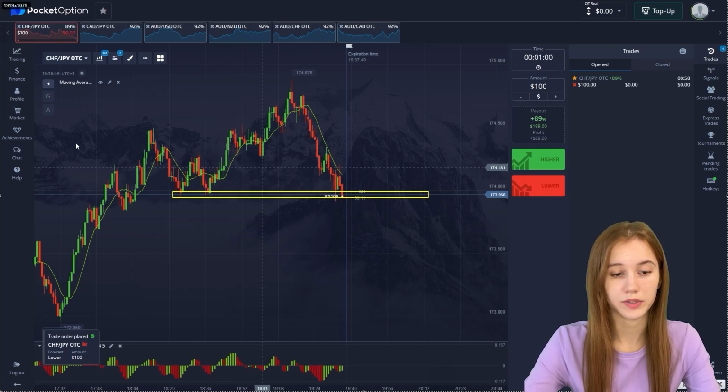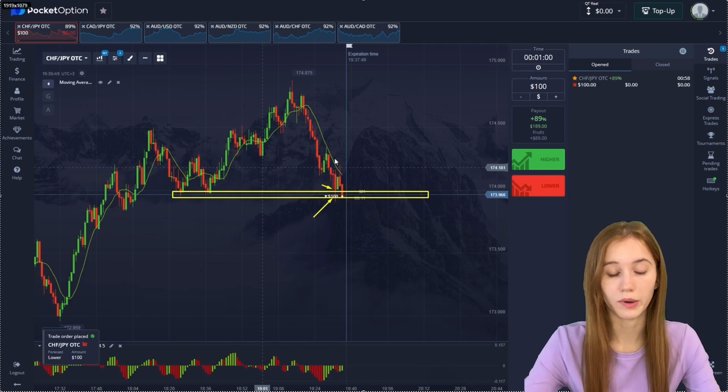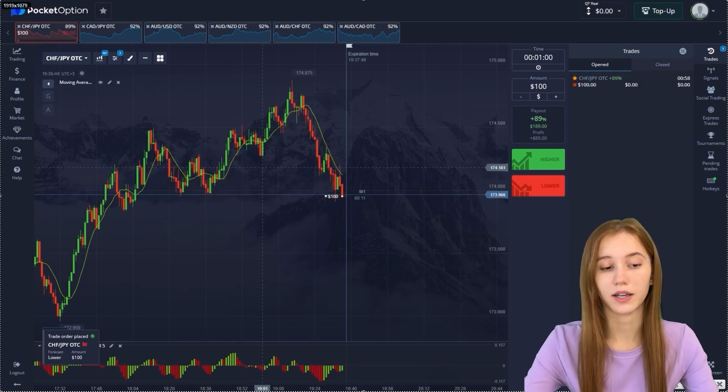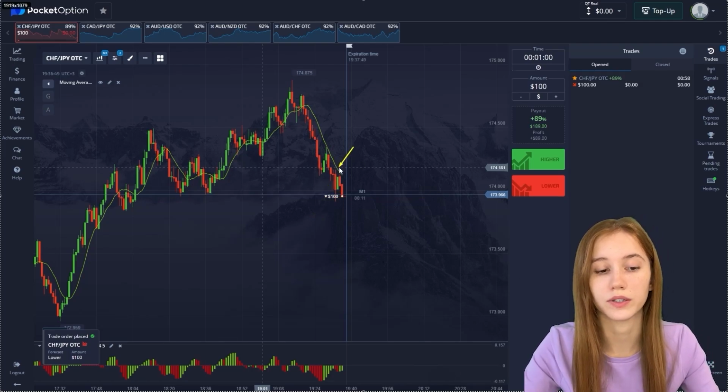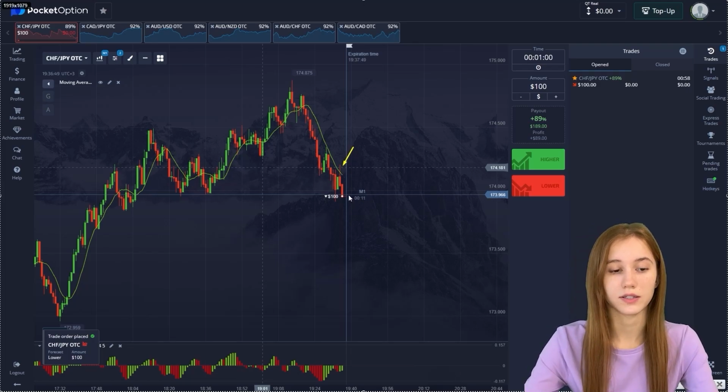Pocket Option shows us this automatic line, which is very convenient. We reached the support area, we see this intersection, then the rollback with a green candle and then a drawdown. The previous candle was red with a shadow in the upper position, which increases our chances of a drop.